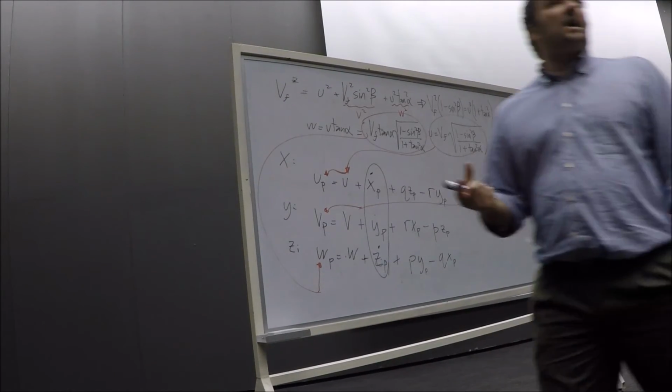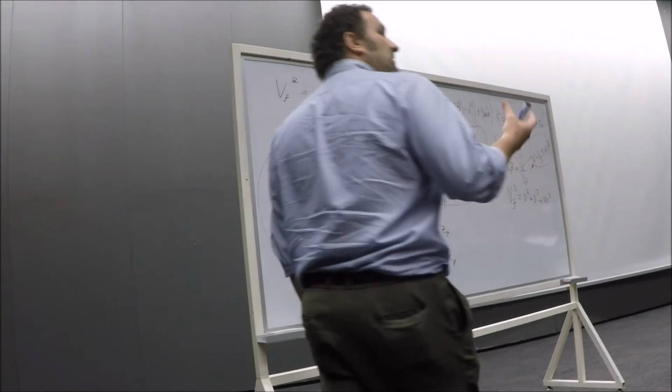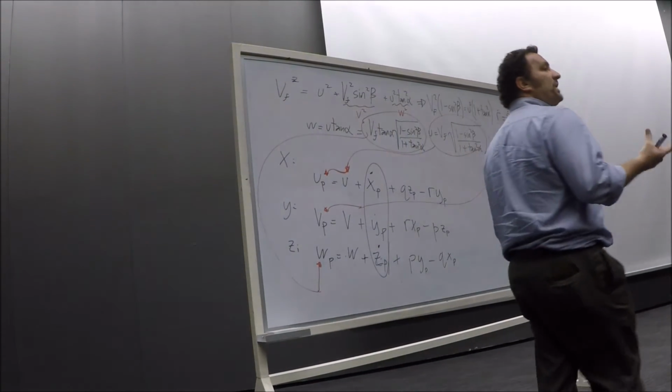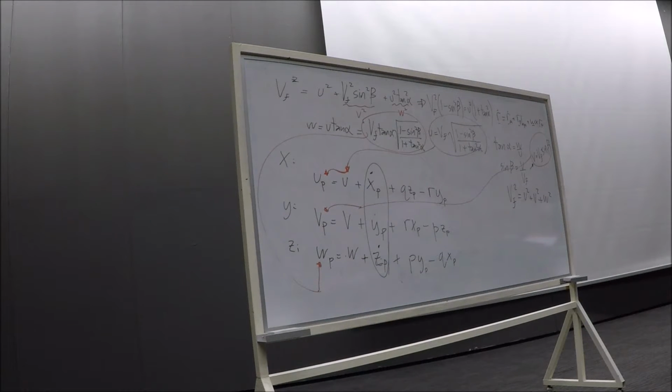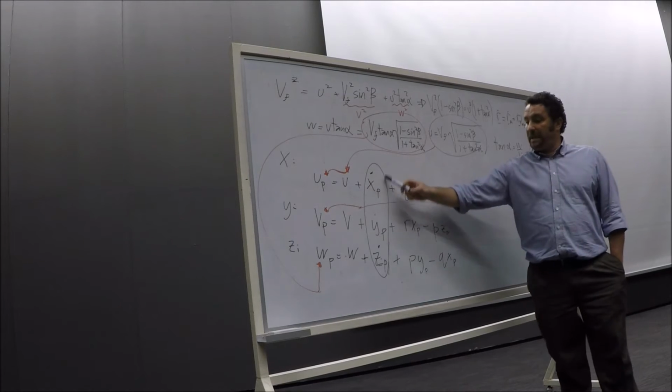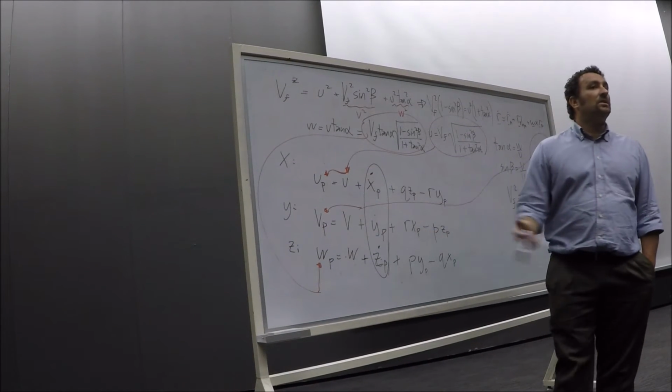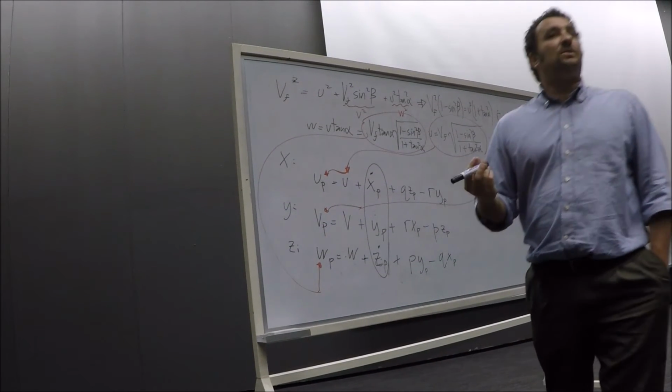The vector r_p measures the position of the probe with respect to the center of mass of the aircraft. So what will the vector r dot p measure? The velocity of what?